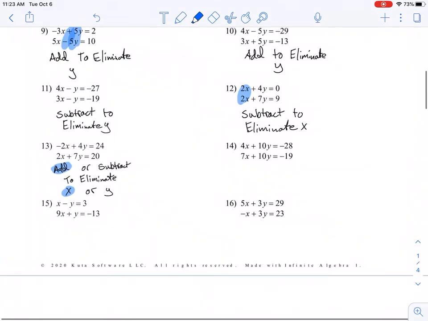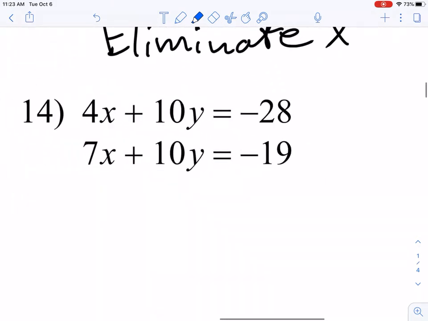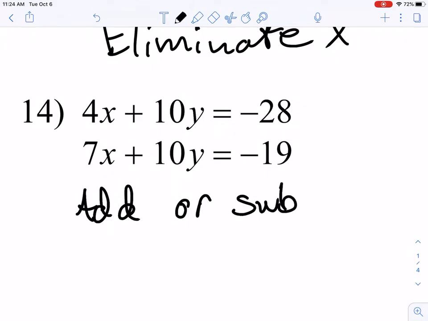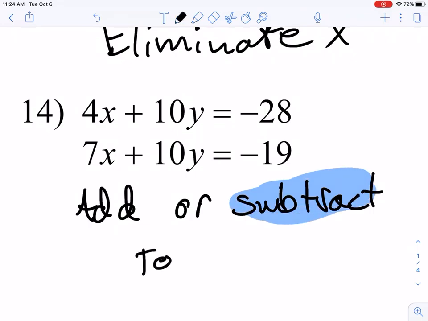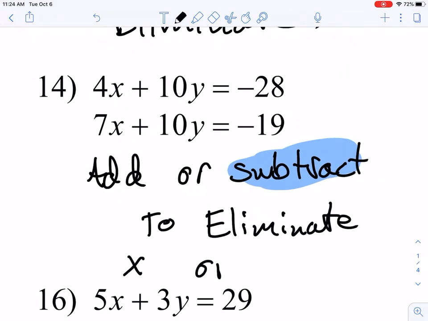Add to eliminate x. Okay, for this one, would we need to add or subtract? You should have answered subtract to eliminate x or y. Go ahead and answer that. You should have answered y.